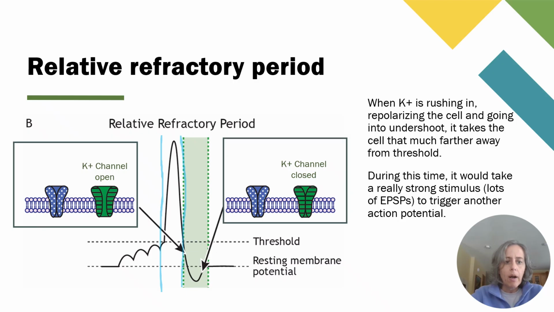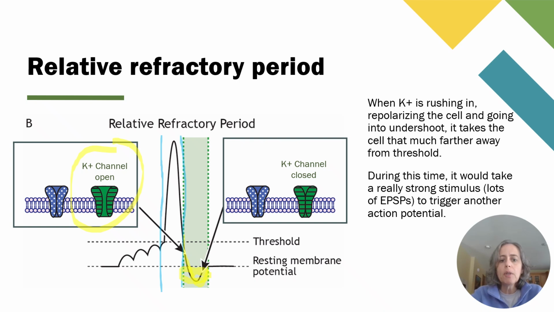So our potassium channels at this point are open. And so potassium, as you remember, is leaving the cell. And so it is making the cell more and more negative. It is repolarizing. And in fact, it's going into this undershoot where then we're way more negative than even the resting membrane potential of approximately -70, right?